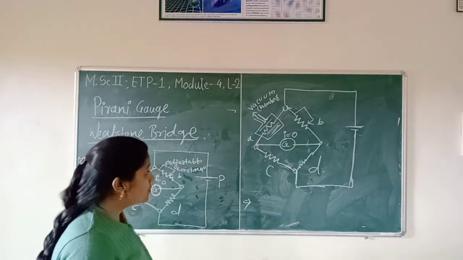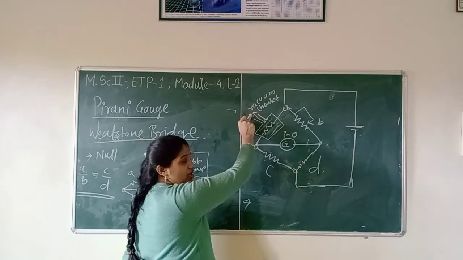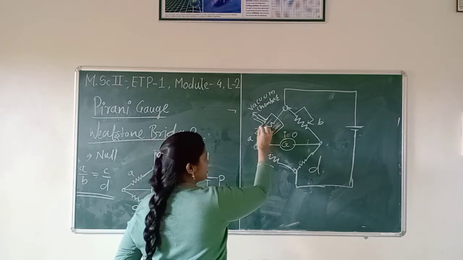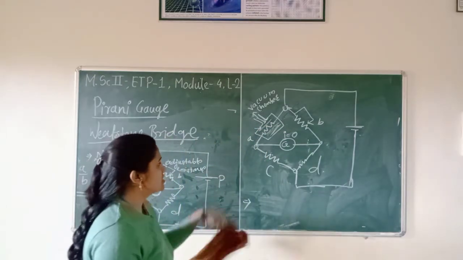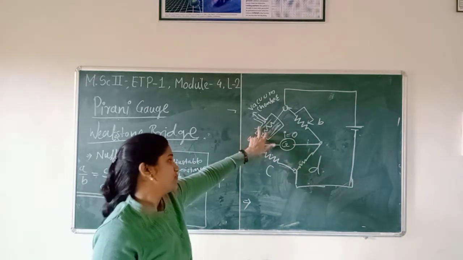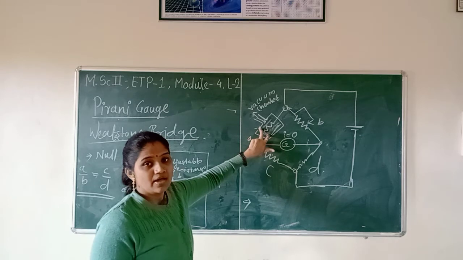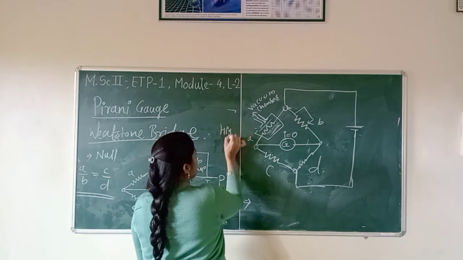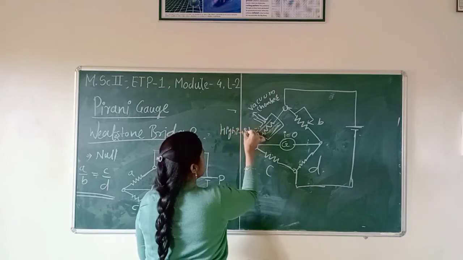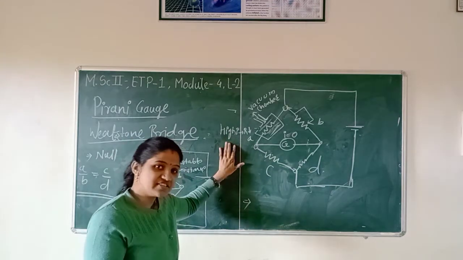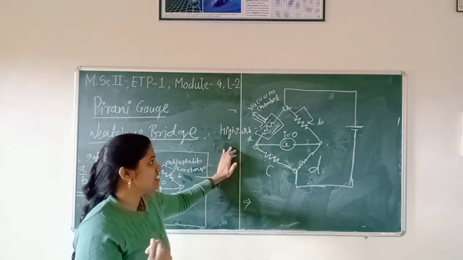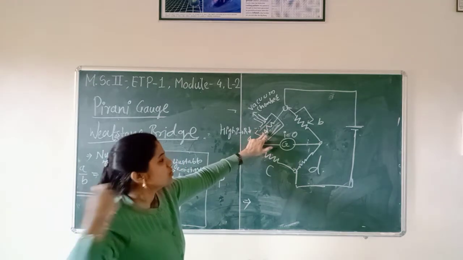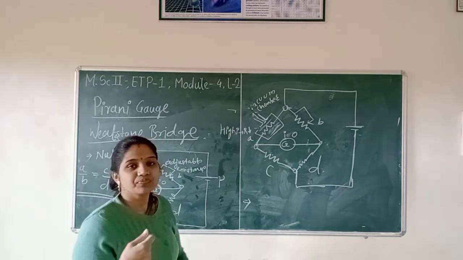Now, depending on the vacuum or the material which is around that wire, as I explained with 3 cases, if it is in the atmosphere, there is only dissipation of heat. When there is a high pressure around it, the resistance will be low, because the number of gas molecules is larger, and they collide with the wire, take the heat from that wire, and go back into the chamber.